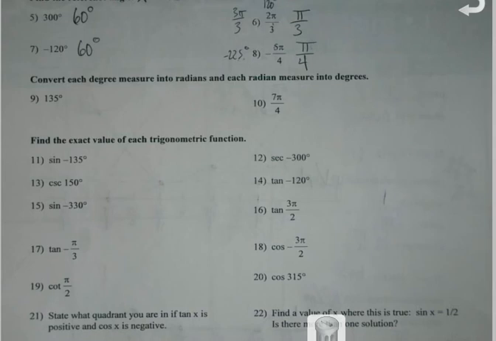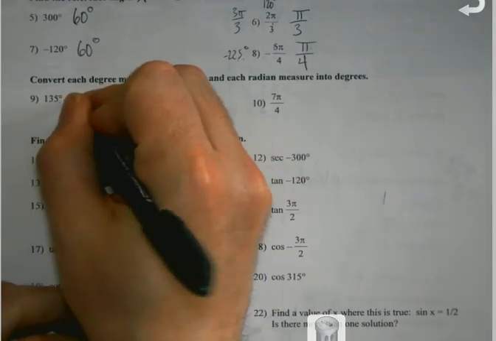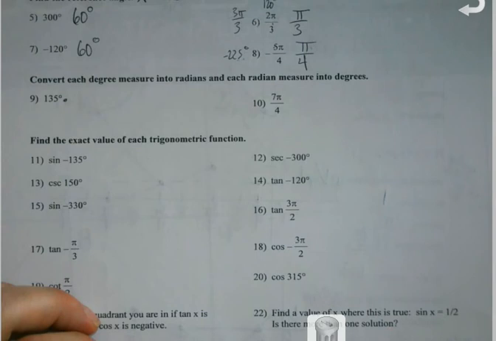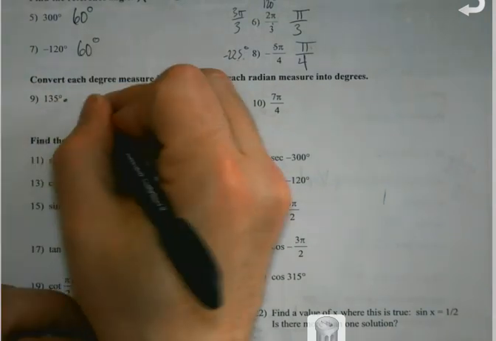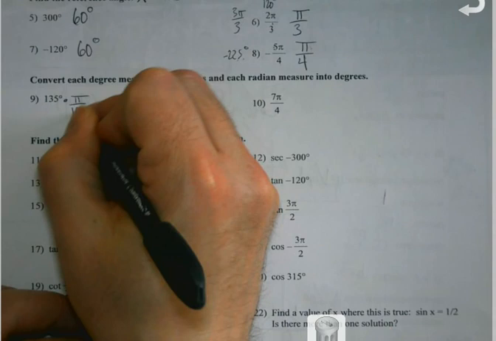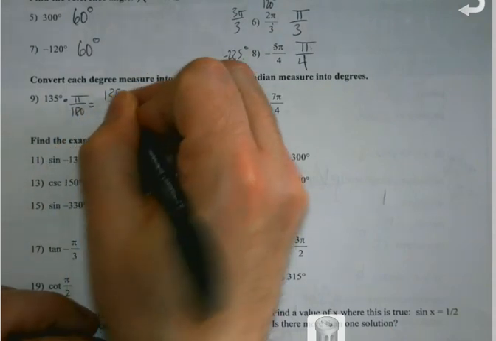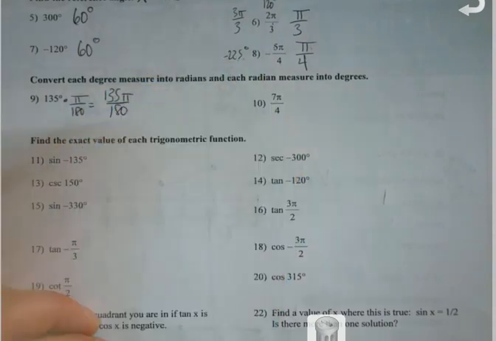All right. Convert each degree measure into radians and radians into degrees. No problem. Now, if you know your unit circle, you might know this off the top of your head. But if not, not going to get you in trouble yet. Don't leave it this way, though.